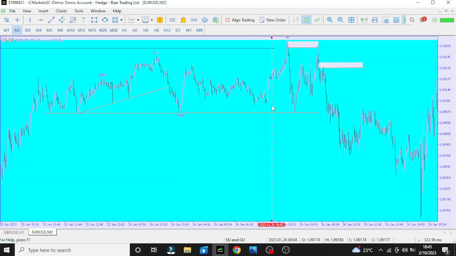This is where Frankfurt opened at 8 a.m. my local time, and London opened at 9 o'clock my local time.